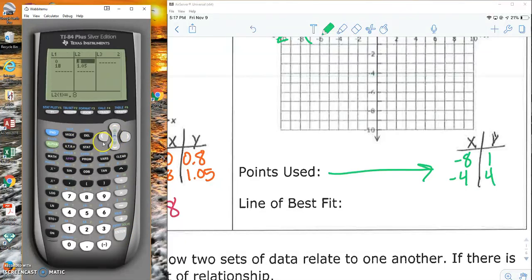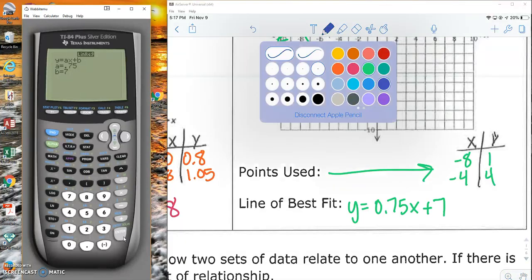So in Stat Edit, I plug in my x's, -8 and -4, and my y's of 1 and 4. And I click Stat, scroll to Calc, option 4. And my line of best fit is 0.75x plus 7, and that all comes from the calculator.